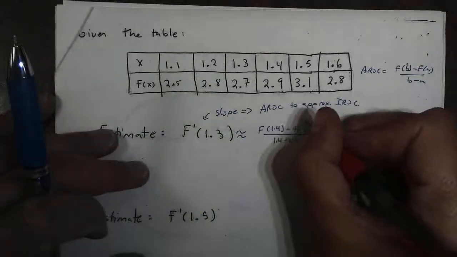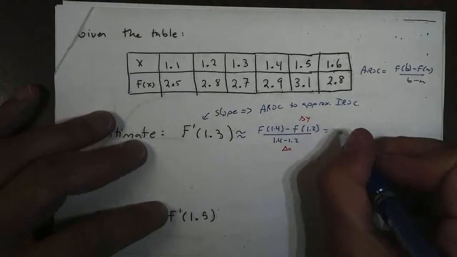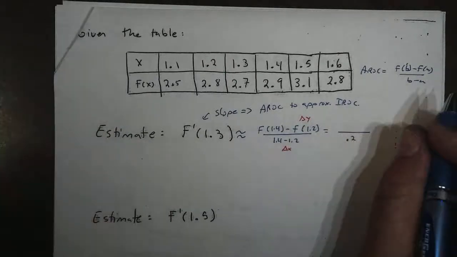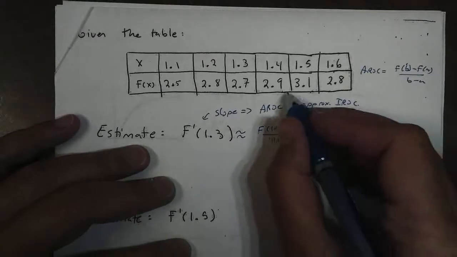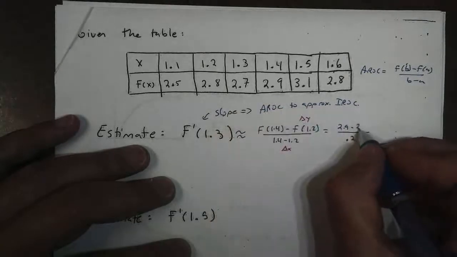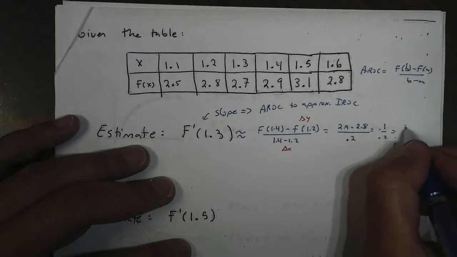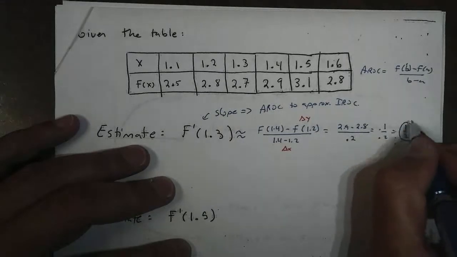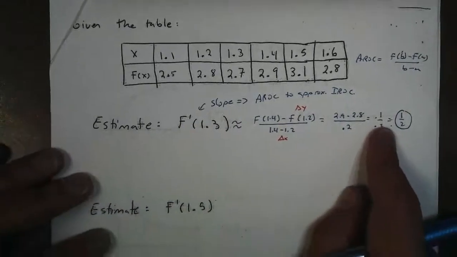Remember, change in y's over your change in x's. Well, the bottom is easy. That's just 0.2. The top, we're going to get 2.9 minus 2.8, which is 0.1 over 0.2, or 1/2. So the estimate for the slope at 1.3 is about 1/2.